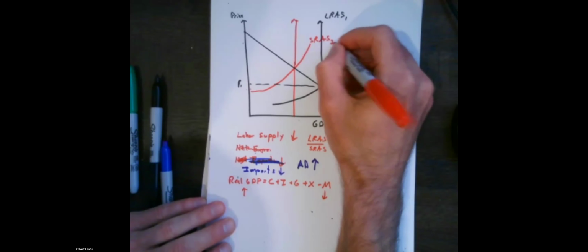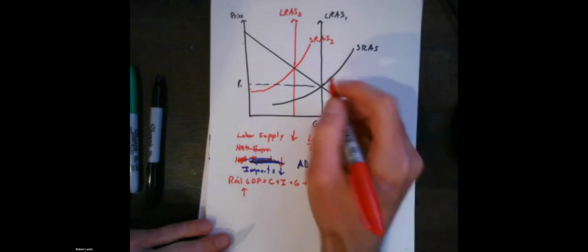Well, I'm a little bit off, but here's our short run aggregate supply, our new long run aggregate supply. If these are exactly the same shifts, right? So here, what impact did I have, first of all? Well, this new equilibrium point, right? After just that labor supply decrease, that should do what?